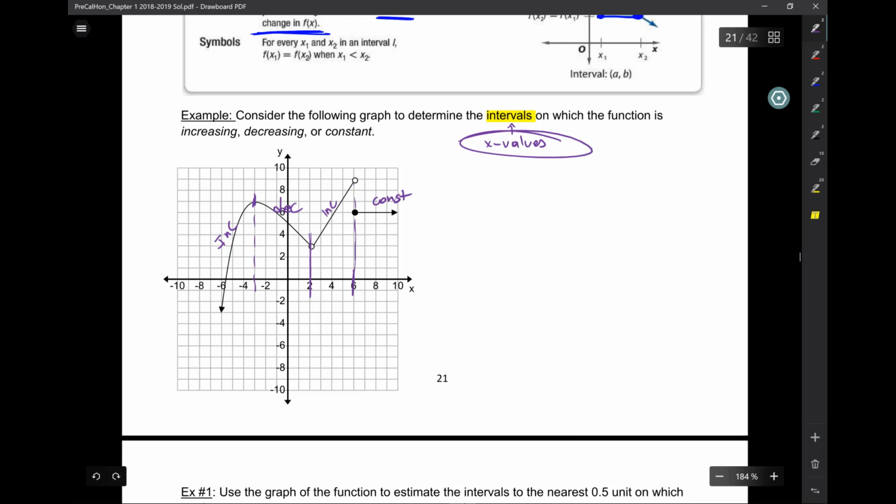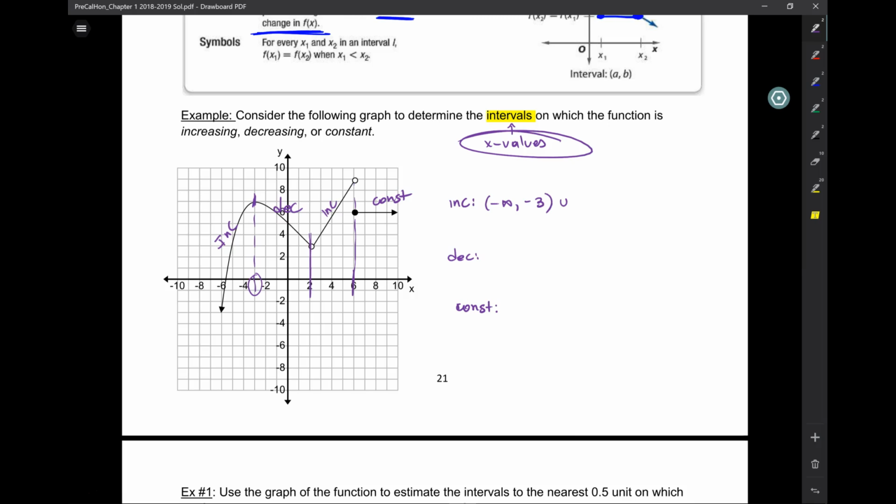You wouldn't have to label like this every single time. What you would have to do is this: where is it increasing, where is it decreasing, and where is it constant? So it's increasing from negative infinity all the way to negative 3. Would it not be a closed? Hang on.